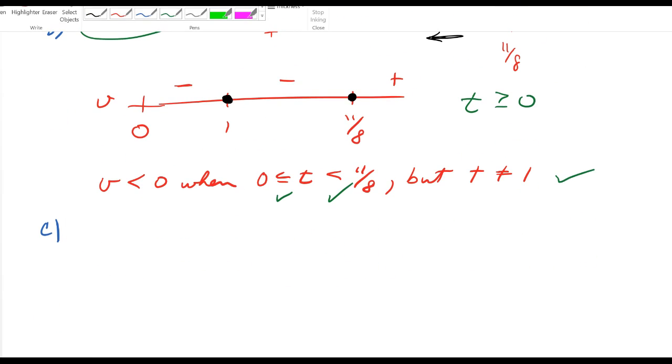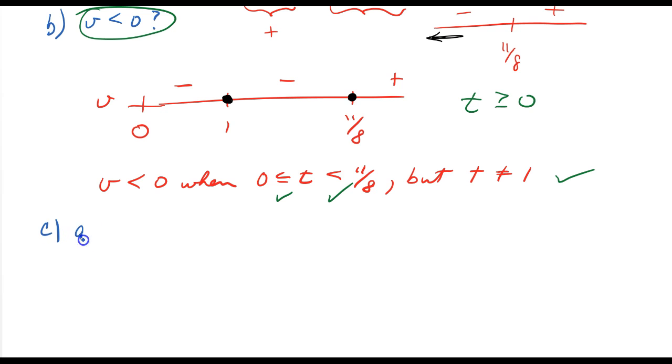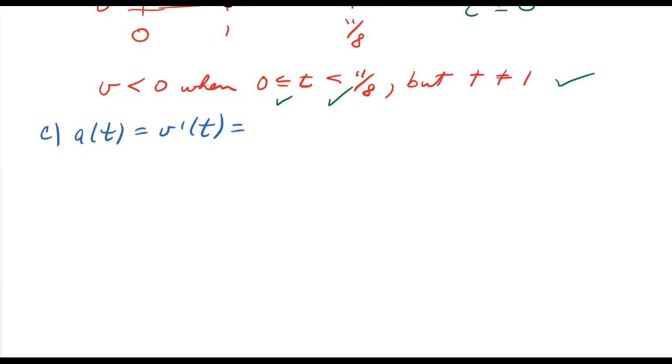let's get this pen back. The acceleration is equal to the derivative of the velocity. And our velocity was t minus 1 squared times 8t minus 11. And so if we take the derivative, let's see what we're going to get.